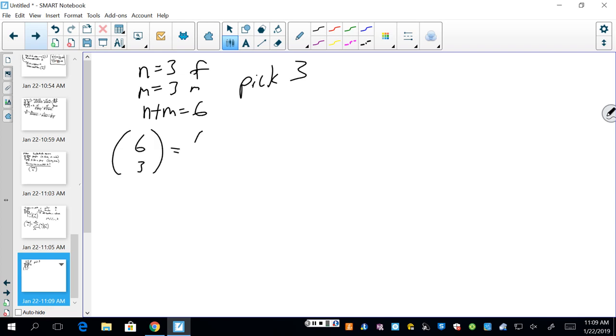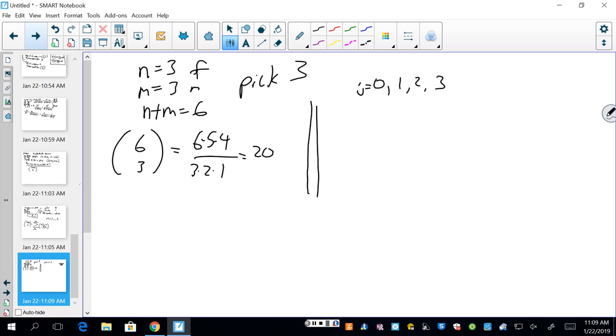6 times 5 times 4, and then 3 times 2 times 1, is 20. That's the easy side, right? On the right side, what we call J could be 0, 1, 2, or 3. This was counting the number of males, but you could do either females or males.